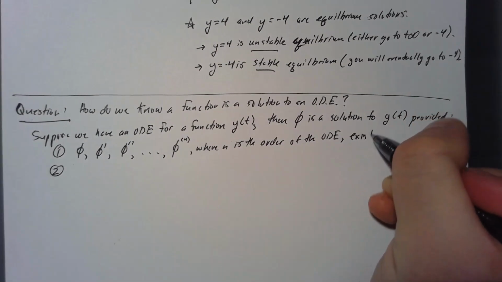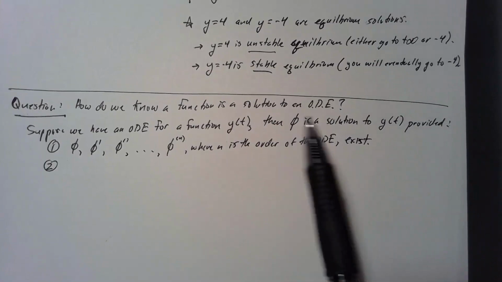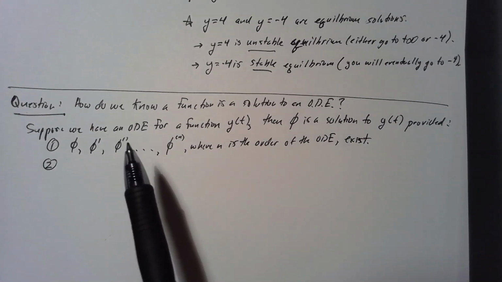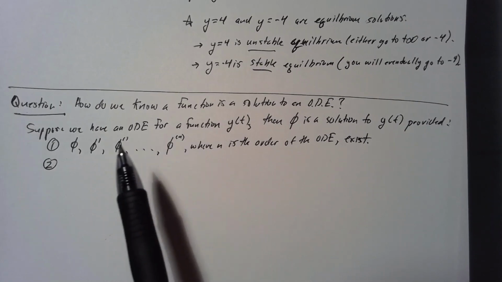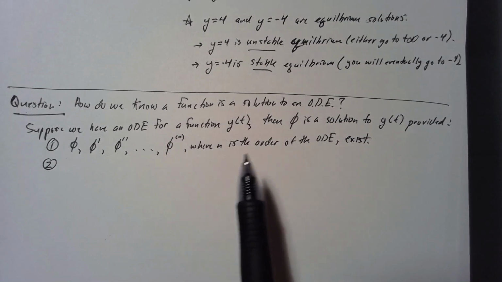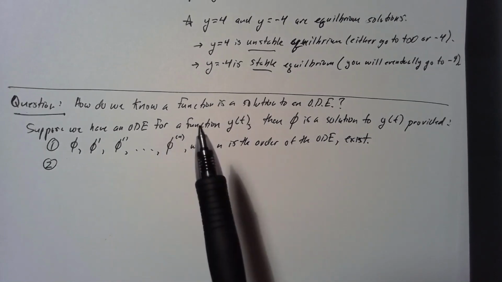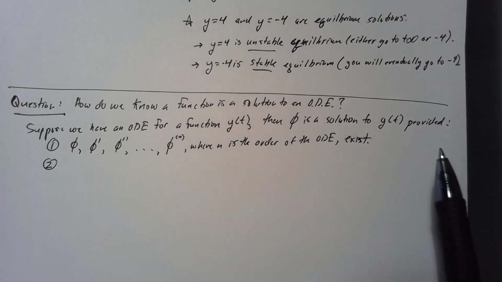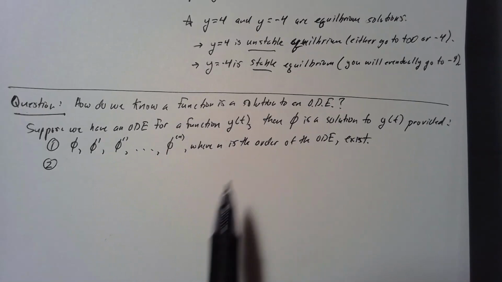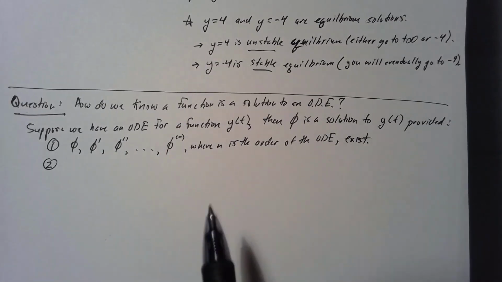exist. So all I'm really saying in this first statement is that, let's say I have a third order differential equation. That means the highest derivative that shows up is the third derivative. So if I plug in the original function, the first, second, and third derivatives into the ODE, and I get an equivalent statement, then they are solutions to the ODE. So provided those derivatives exist, which in the cases we look at in this course, they will.